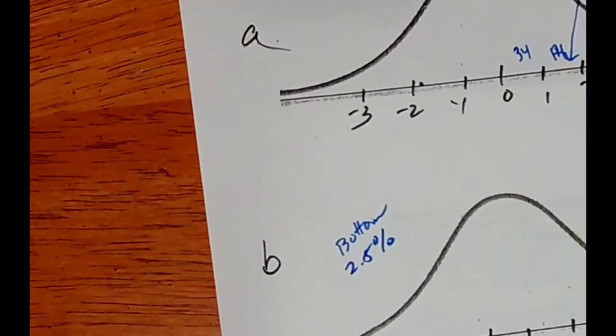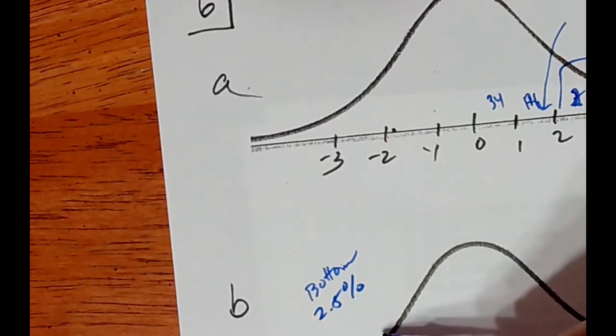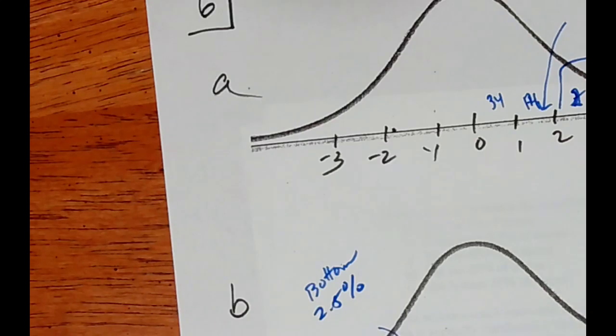Then it says, what's the z value that's the bottom 2.5%? So it's just going to be slightly over the 2, somewhere in there. We've done this before on a previous problem, so you sort of know where we're going with this.